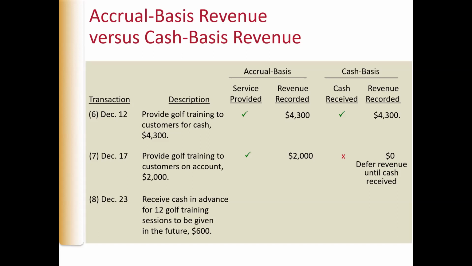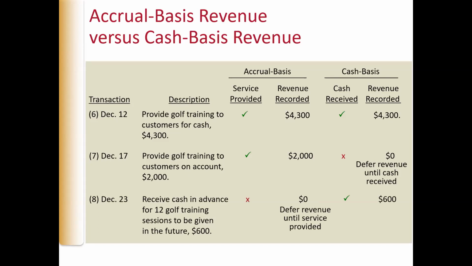Now look at December 23rd. We received cash in advance for 12 golf training sessions to be given in the future for $600. Did we provide the services? No. Under the accrual basis, that's a liability. We would debit cash, credit deferred revenue, which is a liability account because we owe them something.